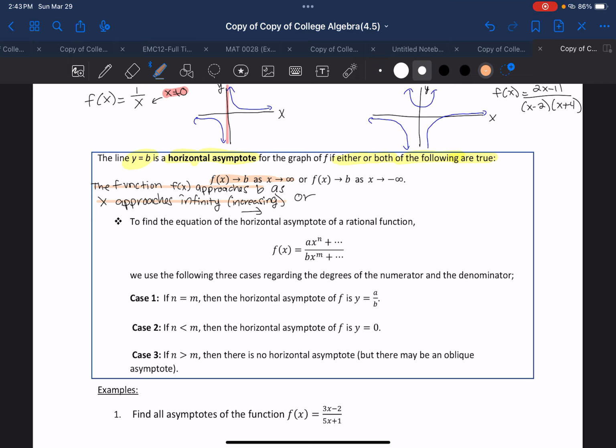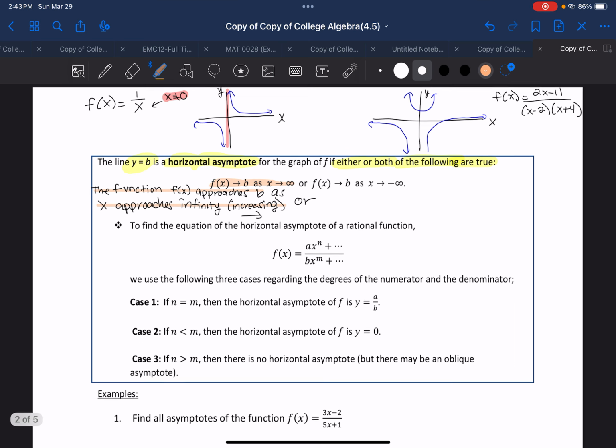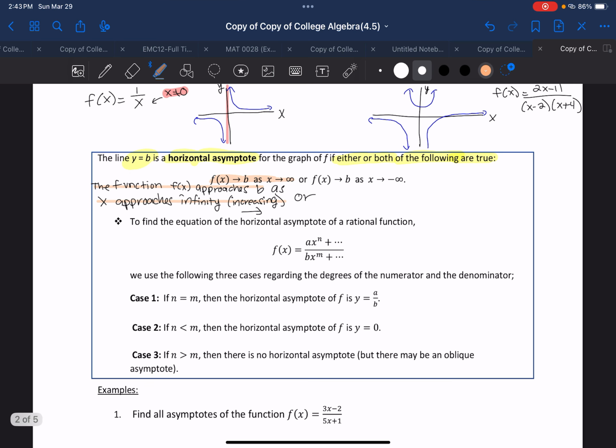So if I look at the function in this picture to the left, if I was following the graph towards infinity for x, as x is moving to the right, I'd be over here. And as x is going to the right towards infinity, my graph is approaching the y value of 0.